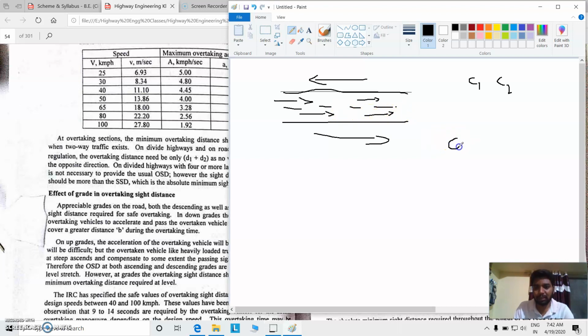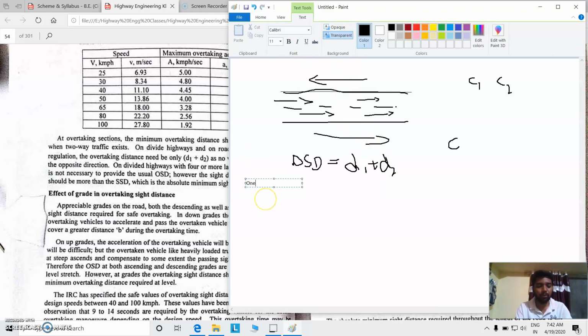We have denoted that C is not coming on the opposite side. So the overtaking sight distance, that is OSD, will be equal to d1 plus d2 only when it is one-way traffic.